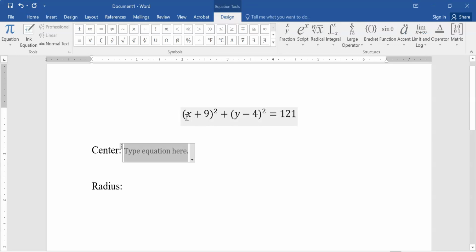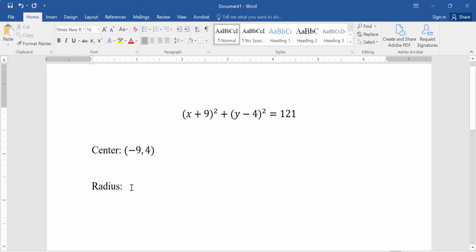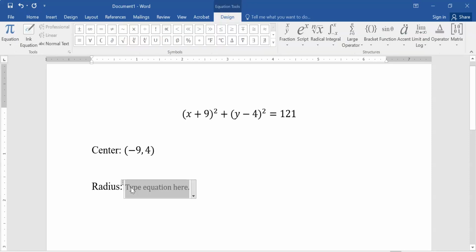Since we have the form we want, our center is going to have an x value of -9 and a y value of 4. So the center is at (-9, 4). And the radius is going to be 11. Sometimes people will say r equals 11 because, again, 11 squared is 121.